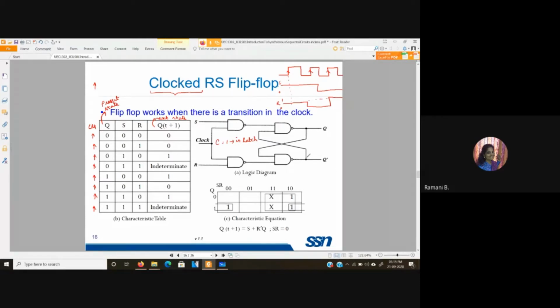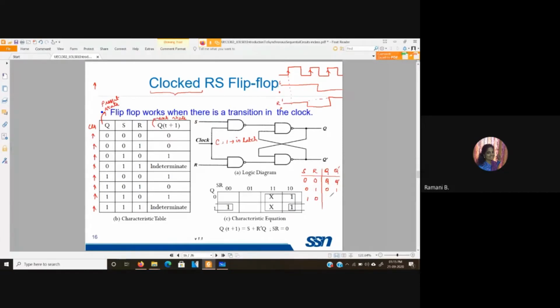So we know a few things already, that is for S and R, the Q and Q bar, we have seen already. Here for 0, 0, this is the no change condition. So whatever the Q value was, it will be the same thing. And for 0, 1, Q is equal to 0, Q bar is equal to 1 because this is the reset condition.